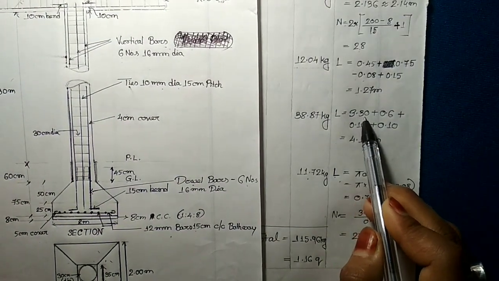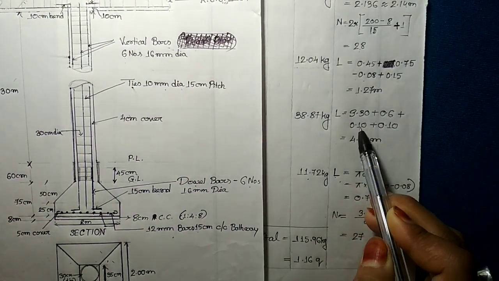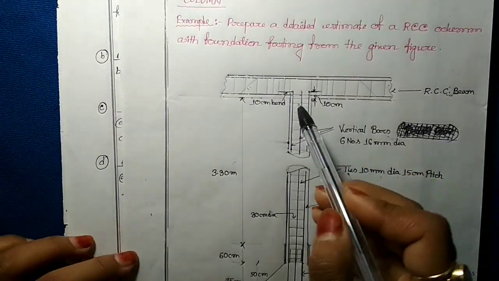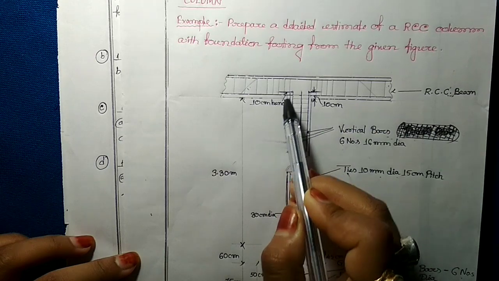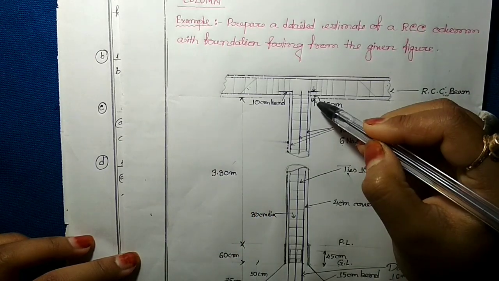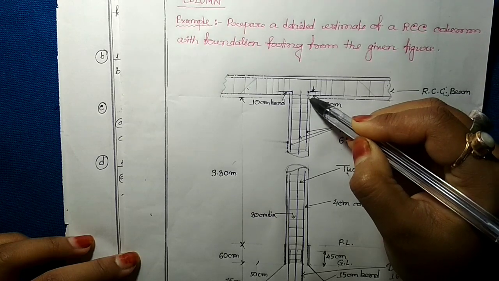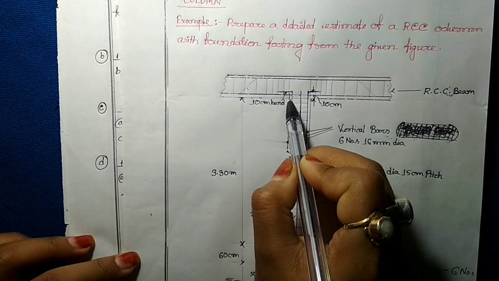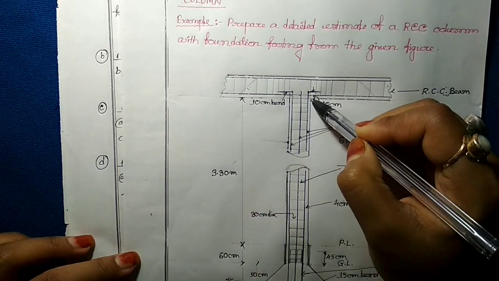See, 3.3 meter plus 0.6 plus 10 plus 10. What is this? One is for bend, one is for this one. See, you can see the bend, it's given as 10 centimeter bend, and this one. Okay, the column is up to this point and the beam starts from here.